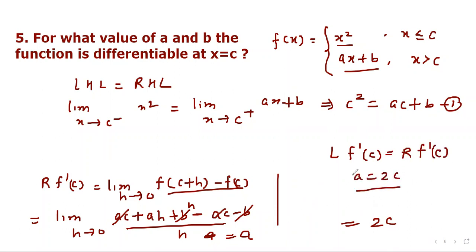So we have got the value of a, and now we have to find out the value of b. So we put here 2c. So what do we get? It will become c² equal to 2c² plus b. So b will be equal to, this 2c² will be shifted to LHS, so it will become minus c². So b equal to minus c² and a equal to 2c, which is our answer.